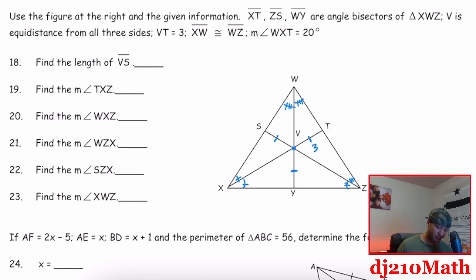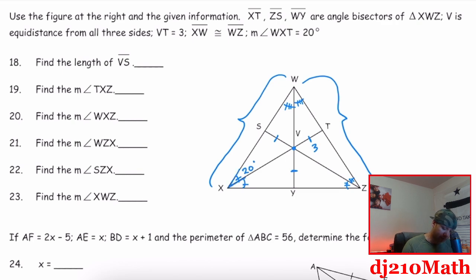XW is congruent to WZ. So this side is congruent to this side. Those are congruent. And the measure of WXT is 20 degrees. So this angle right here is 20 degrees. WXT.